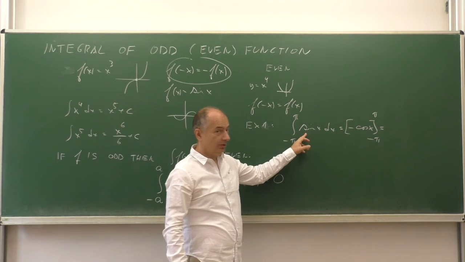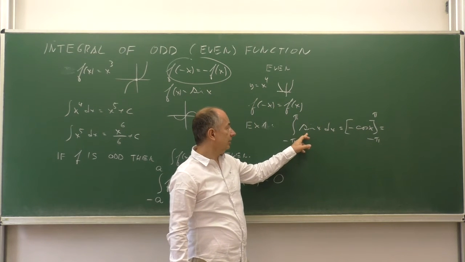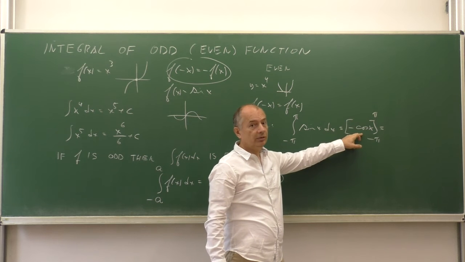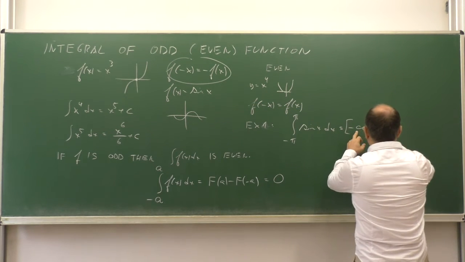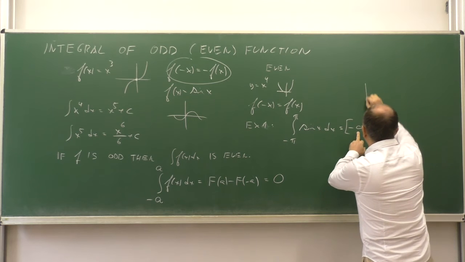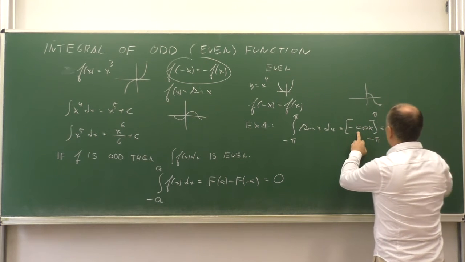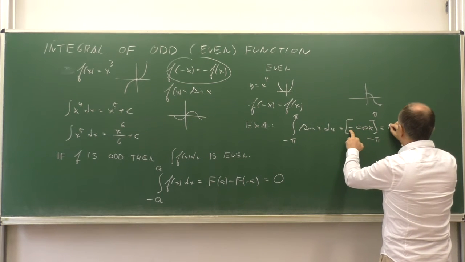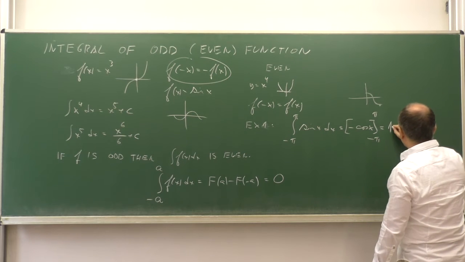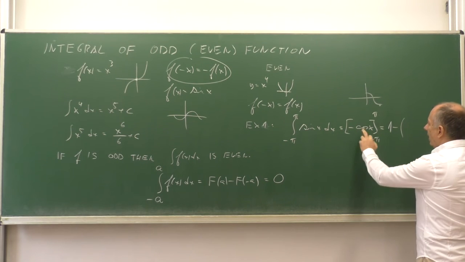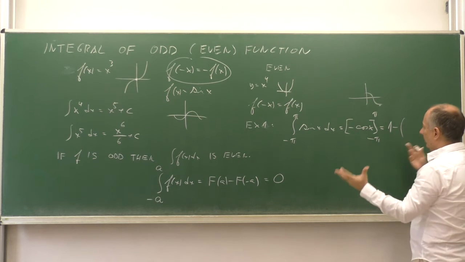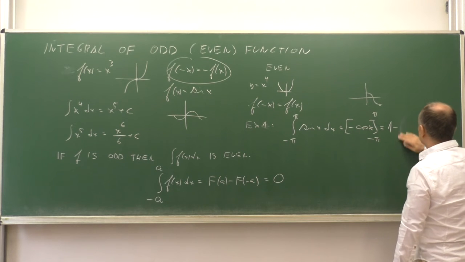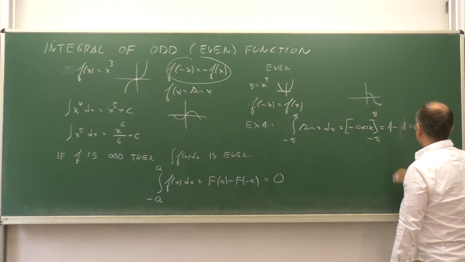And you see, odd function as the integrand, even function as the antiderivative. So we have cosine at pi is minus 1, and minus is plus 1, minus cosine at minus pi, which is the same, so we must subtract the same number, and it is 0.